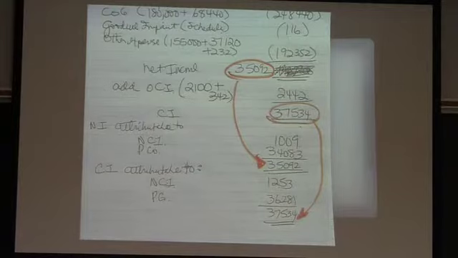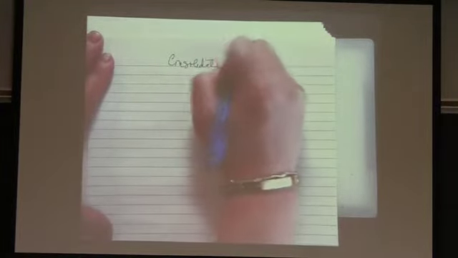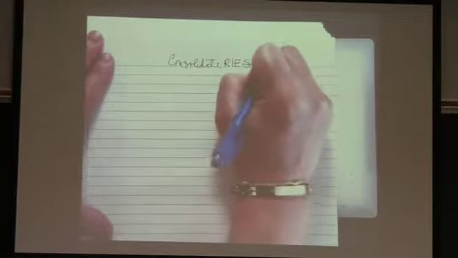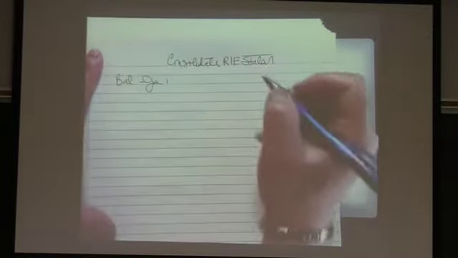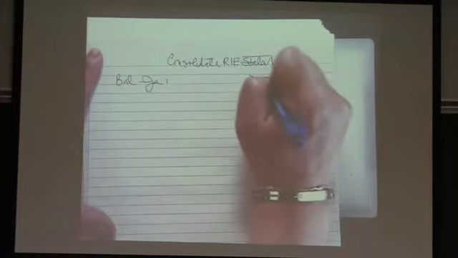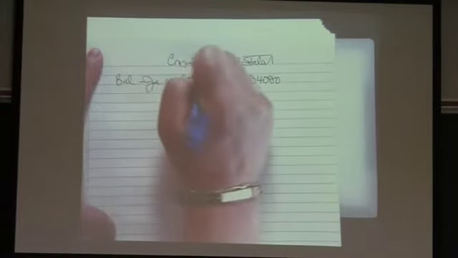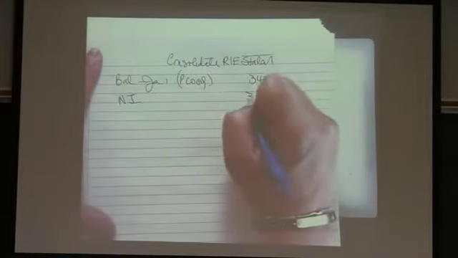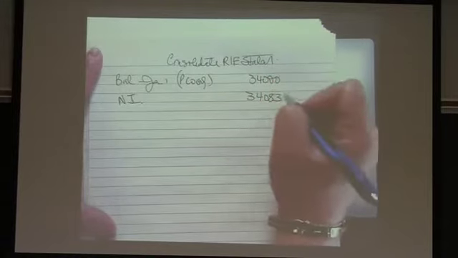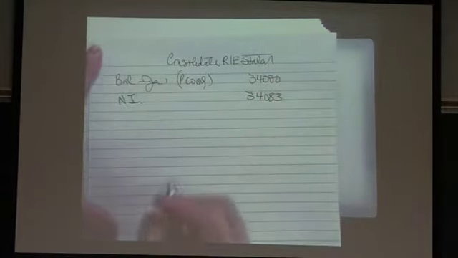Okay, now I need to do the statement of retained earnings. It's consolidated retained earnings statement. Again, balance, January 1st, it would only be P company. Net income, it would be 34,083, and that would have been from the previous schedule.